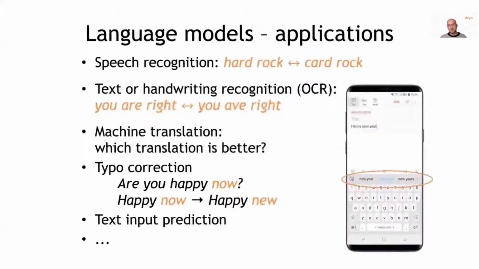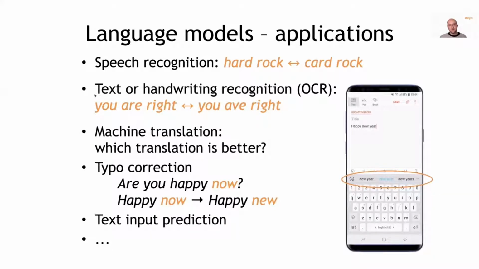To be more specific, they are useful in such applications as speech recognition. For example, if you want to distinguish some words which sound maybe similarly but have a different meaning, and especially if they don't fit the context, you can eliminate such candidates.